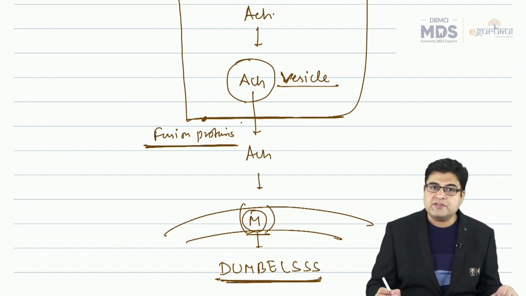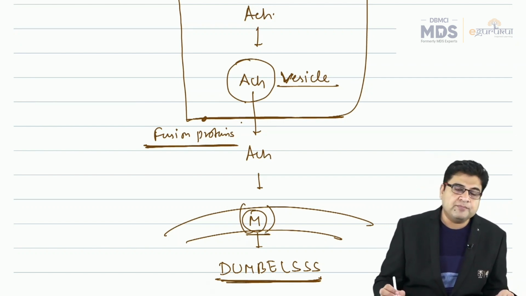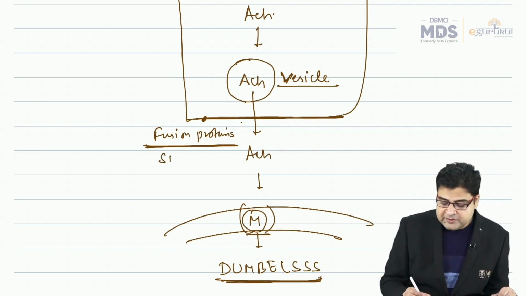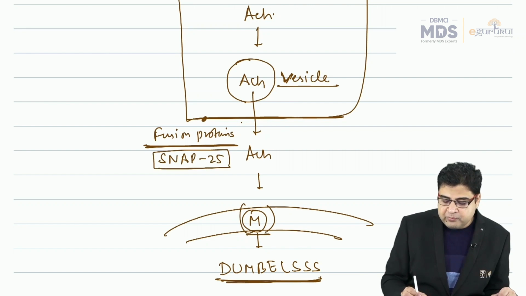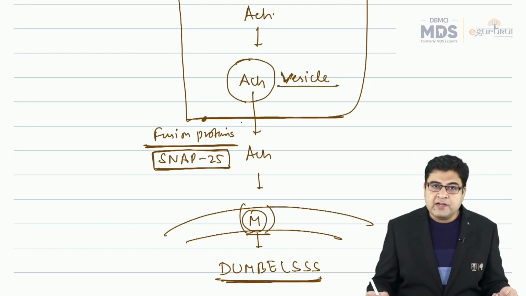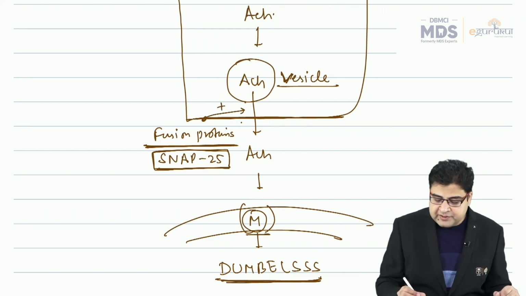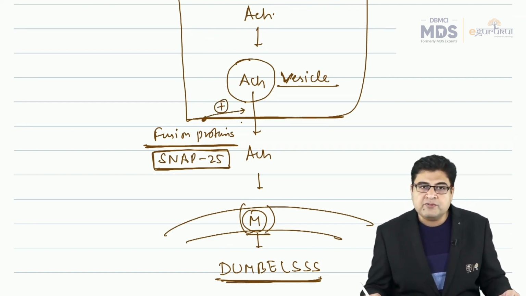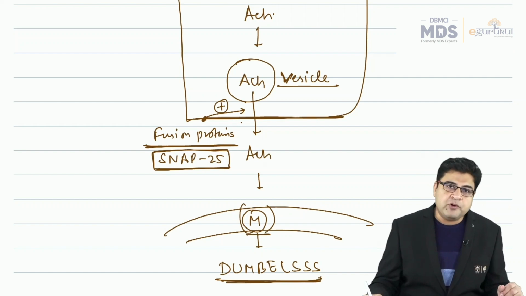With the help of these fusion proteins, the acetylcholine vesicle fuses with the membrane, and now the acetylcholine is released. Here we have a very important protein. We call it SNAP25. SNAP25 is the name of a fusion protein that is present here and is involved in the release of acetylcholine. So the first protein here is the fusion protein, the SNAP25 protein.